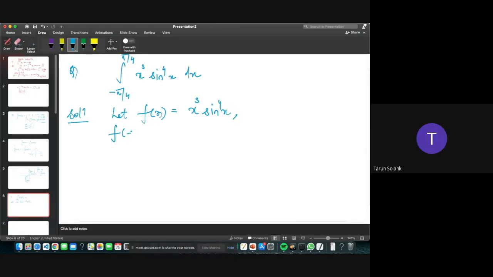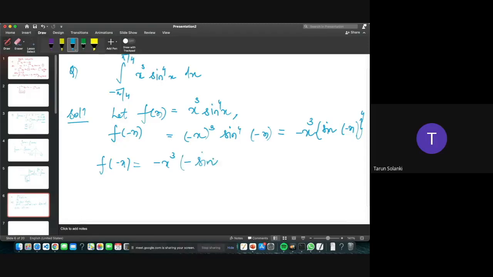So f of minus x is equal to minus x cube sine of minus x, the whole to the power 4. So f of minus x is equal to minus of x cube multiplied by, sorry, minus sine x to the power 4.